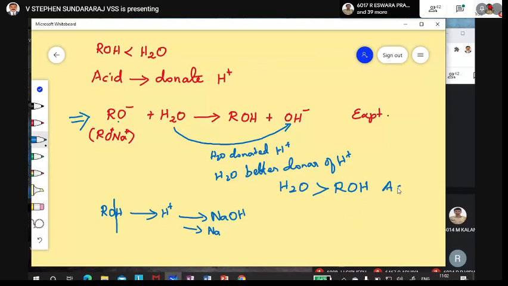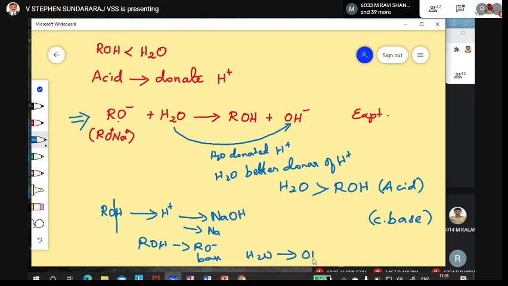Now I am coming to the base strength. Base means conjugate base, a word used by Bronsted-Lowry. If alcohol donates a proton, RO minus is the base. If H2O donates a proton, OH minus is the base.